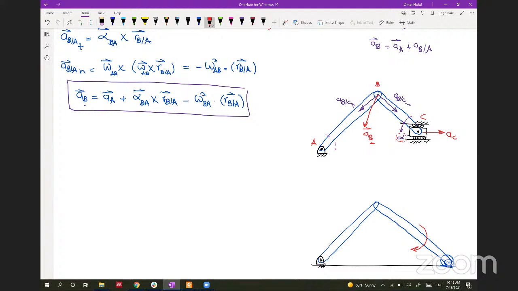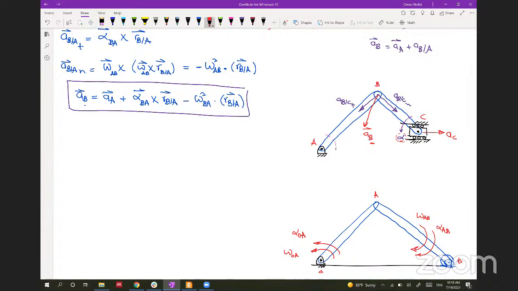Okay, this is omega AB. And also, this is the direction of the alpha AB, so the body is accelerating. And you also know the omega of OA. Let's call this O, A, and B. And you know the alpha of OA, like this.